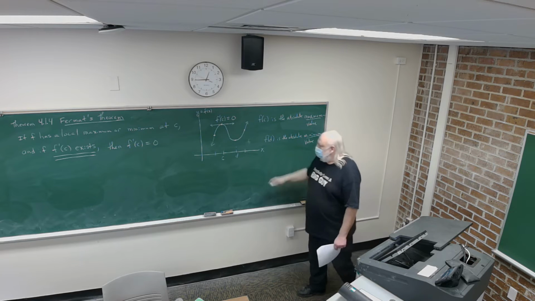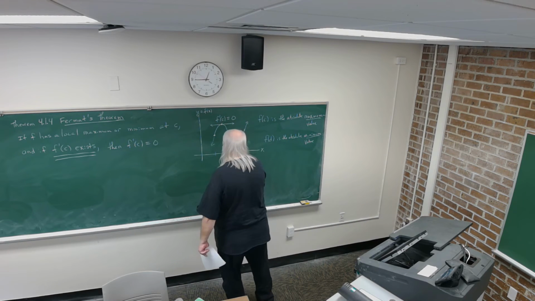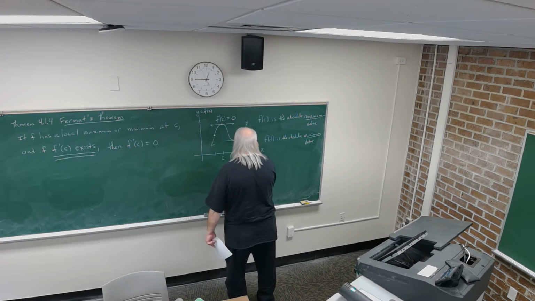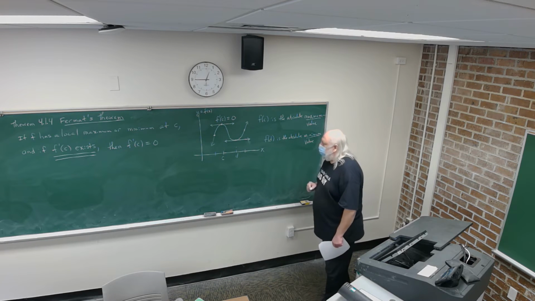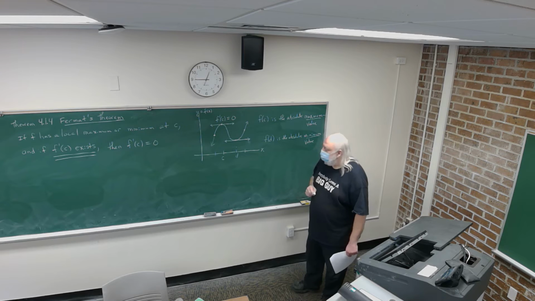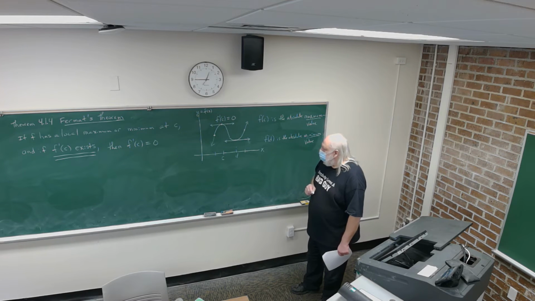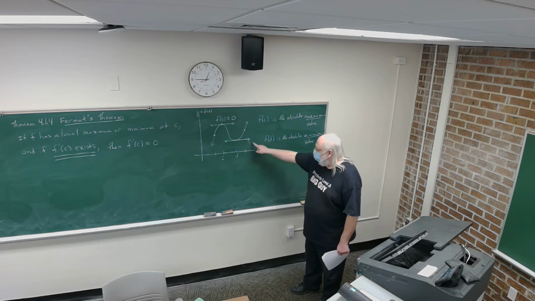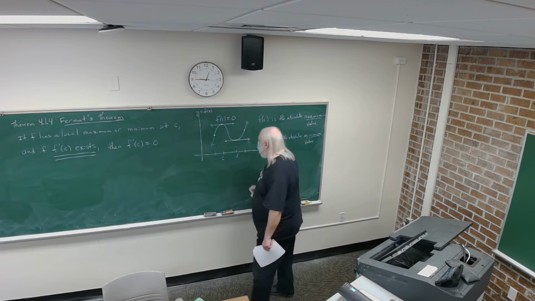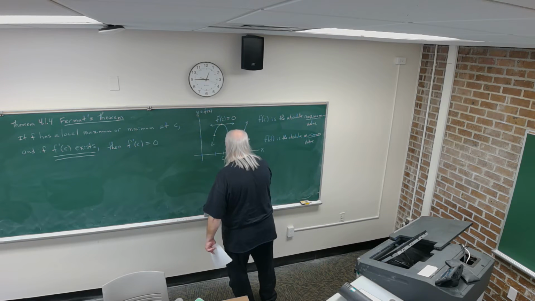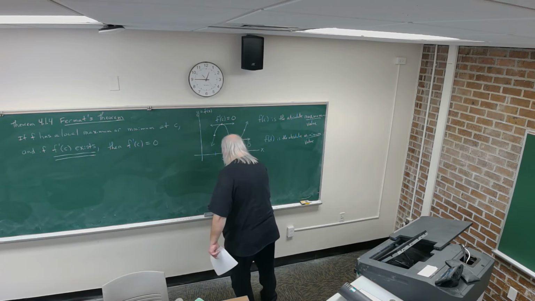And similarly, at this local minimum, the slope of the tangent line is 0. It's a smooth curve, so the derivative exists. The slope of the tangent line is equal to the derivative of the function at x equals d. So we have to have f prime of d equal to 0.